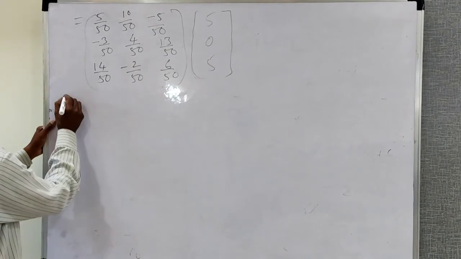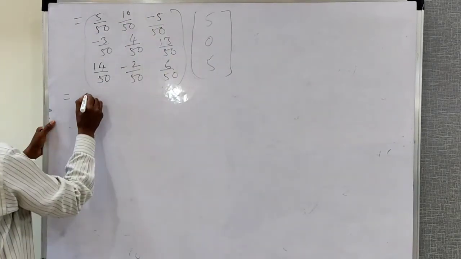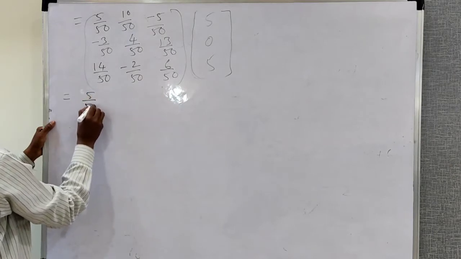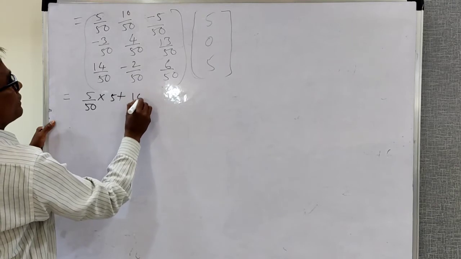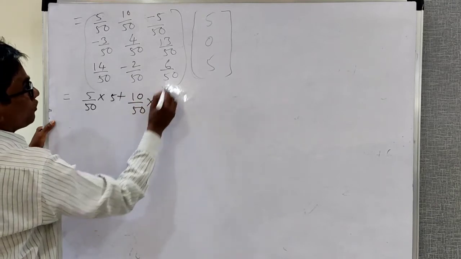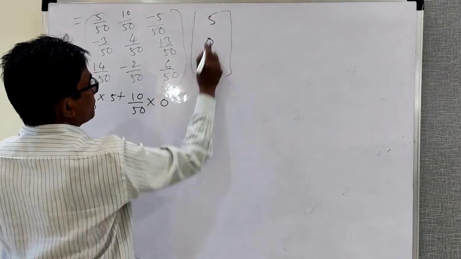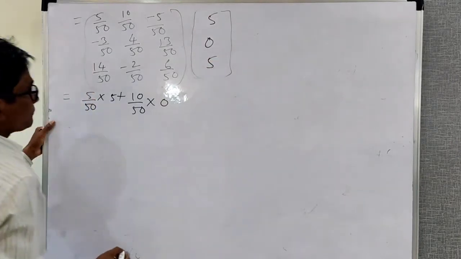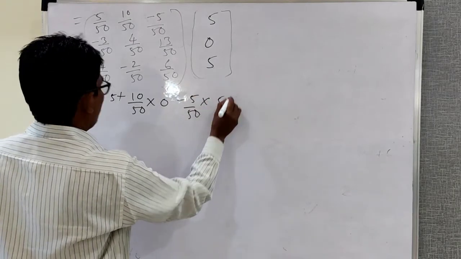Multiply first row, first column. 5/50 into 5 plus 10/50 into 0 minus 5/50 into 5.